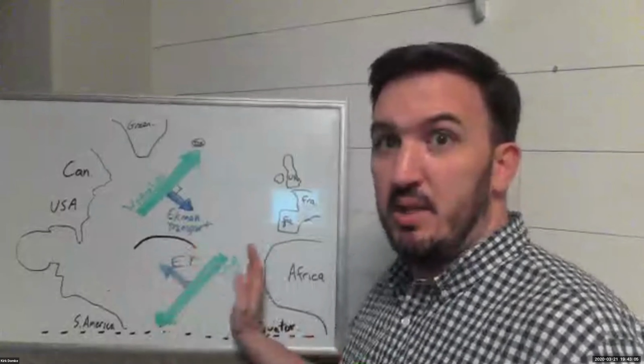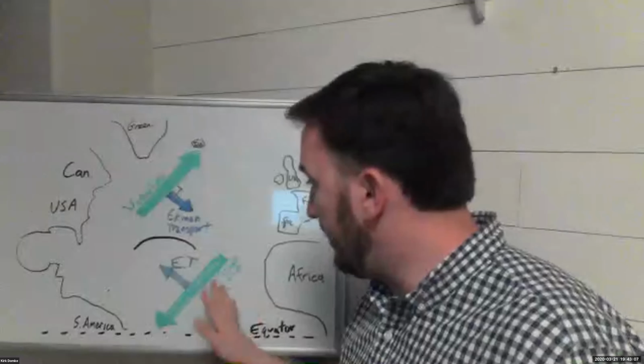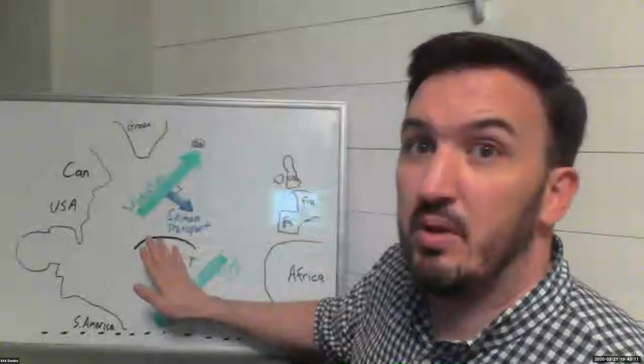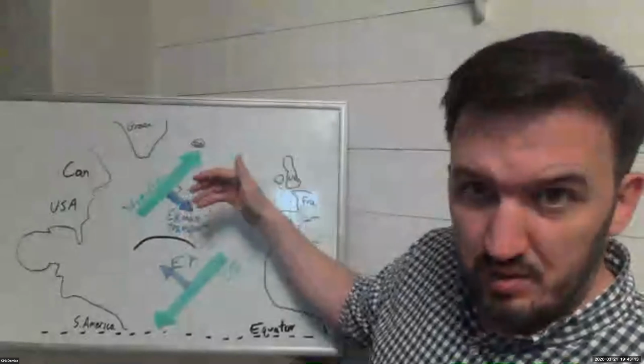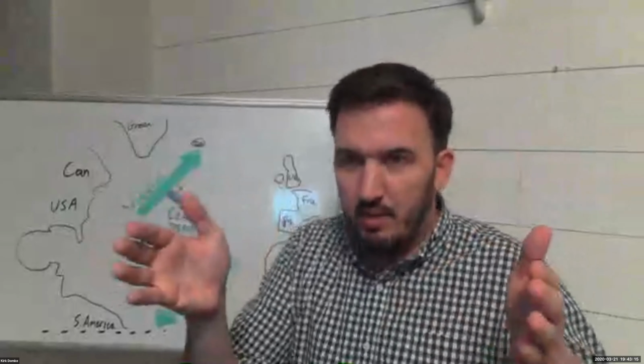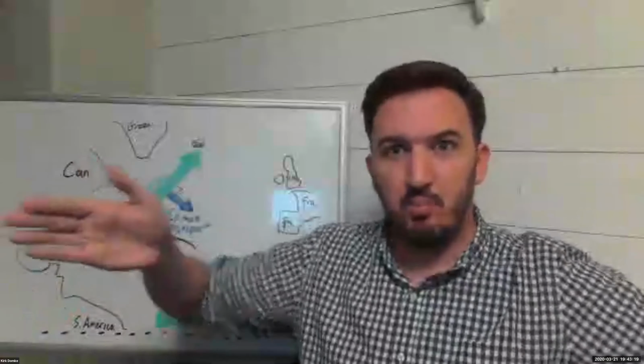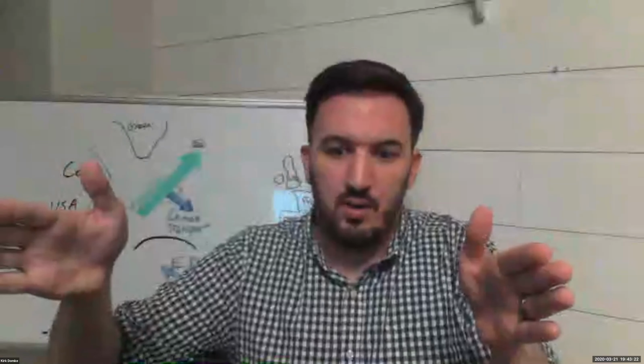Why? Because Ekman transport from down here is pushing it towards the middle of the gyre, and transport from the north is pulling that down towards the middle of the gyre. If I had a bunch of dry sand on my table and pushed it from one side and from the other, you're going to get sand piling up in between.